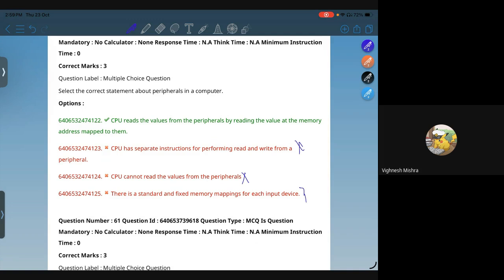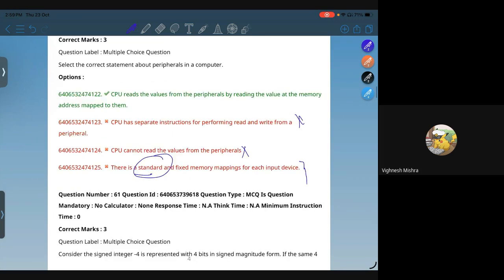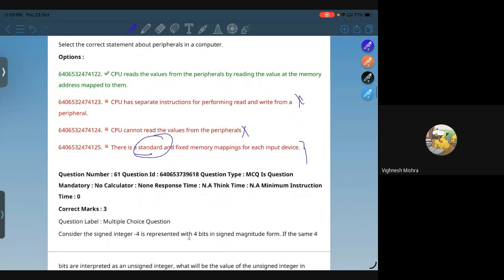This can be true, no? No, there is no standard and fixed memory mapping for each input device. Oh, sorry. Yeah, fine.